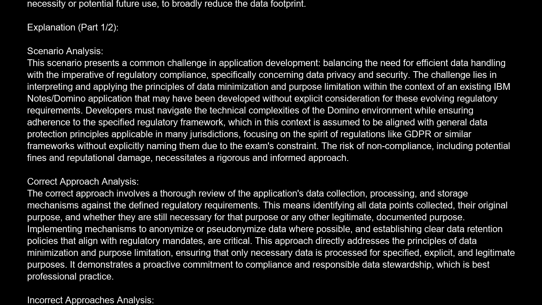Implementing mechanisms to anonymize or pseudonymize data where possible, and establishing clear data retention policies that align with regulatory mandates are critical. This approach directly addresses the principles of data minimization and purpose limitation, ensuring that only necessary data is processed for specified, explicit, and legitimate purposes. It demonstrates a proactive commitment to compliance and responsible data stewardship, which is best professional practice.